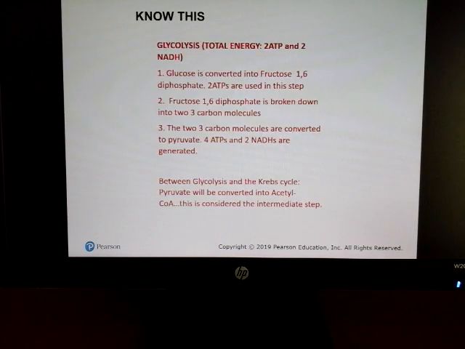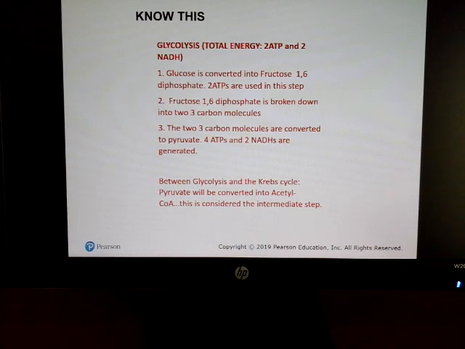So for glycolysis, please know your total energy yield is 2 ATP and 2 NADH. Know the 3 steps. Glucose is converted to fructose 1,6-diphosphate. 2 ATPs are used in this step.